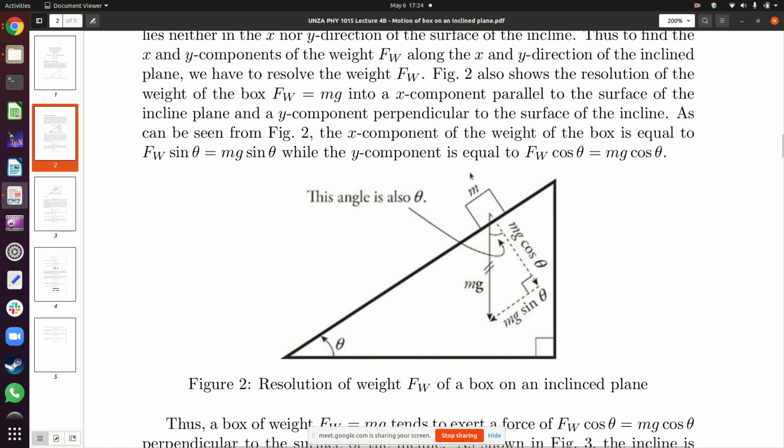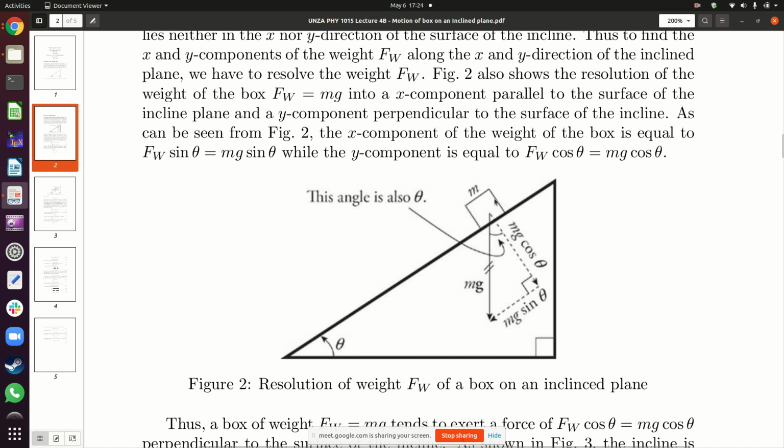So in a case like this, when you have an object which is going to move and maybe its velocity is going to increase, basically it's sufficient to choose the direction in which the object is going to move as the positive x-axis.